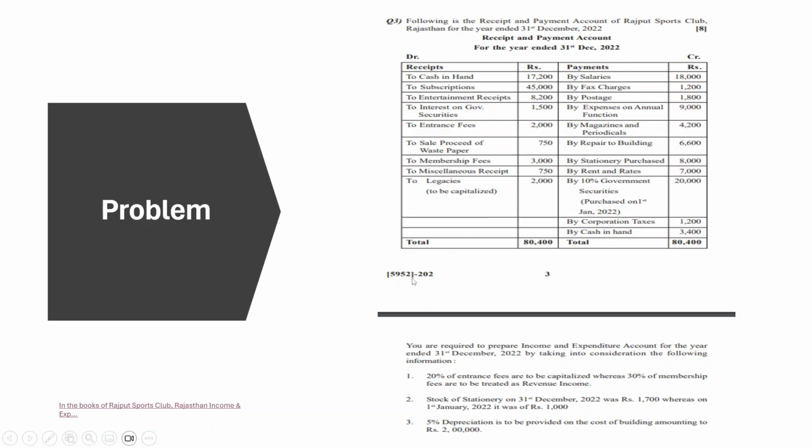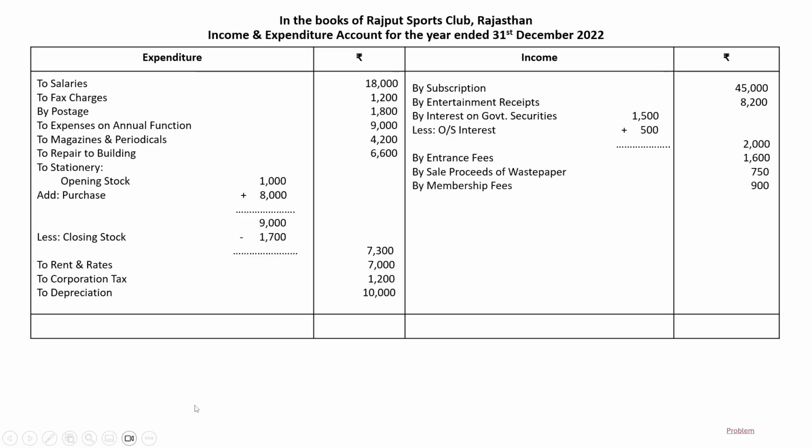And you know, revenue income we are recording under the income side of the income and expenditure account. So 30% of 3000 we have to show where? Under the income and expenditure account as membership fees. So 30% of 3000 is how much? So by membership fees 900. Clear? Understood? Then move on.